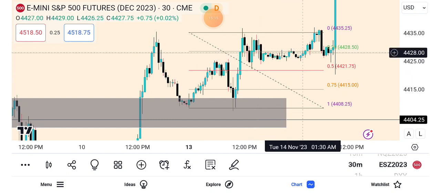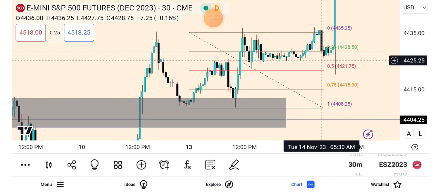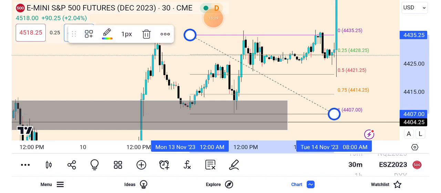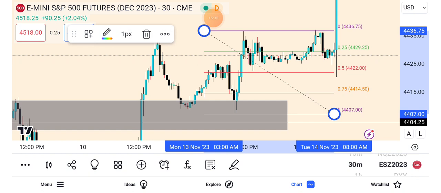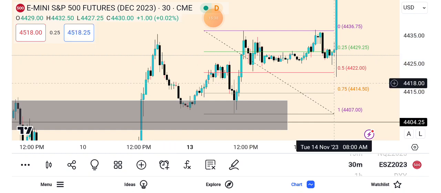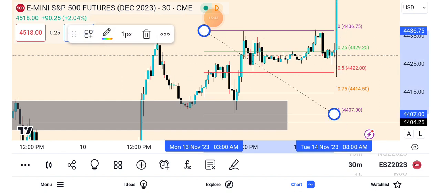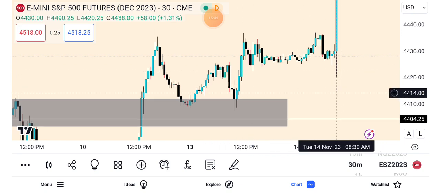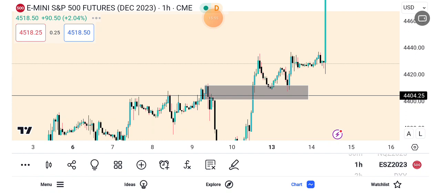Then the market consolidated until today, when the market rallied lower, traded to these candles' highs and lows. You can see it dipped into discount over here, then sharply cleared the underlying sell side liquidity below and rallied higher. So back to the 1 hour chart.